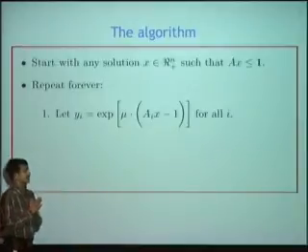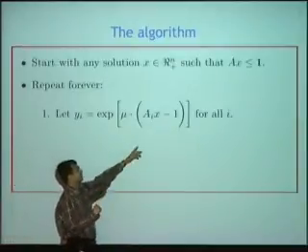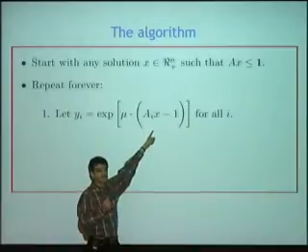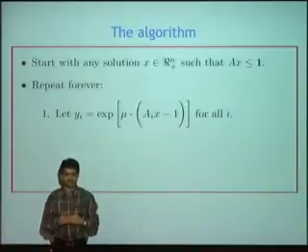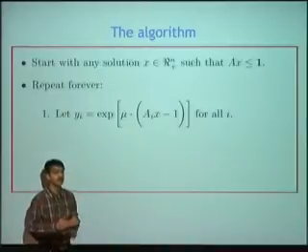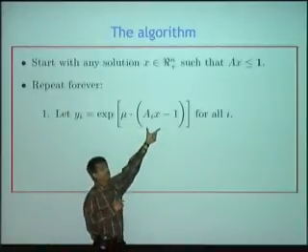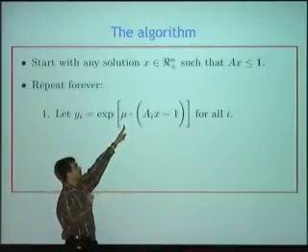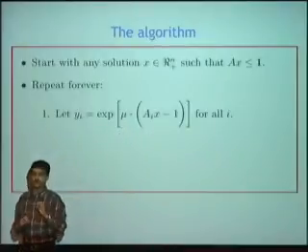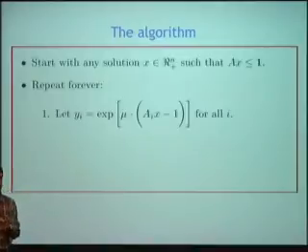So let's understand this. Let's on the other hand assume that a_i x is very small as compared to 1. If the ith constraint is very well satisfied, then this quantity is going to be negative, and I'll give you the values later, but mu is a large constant.